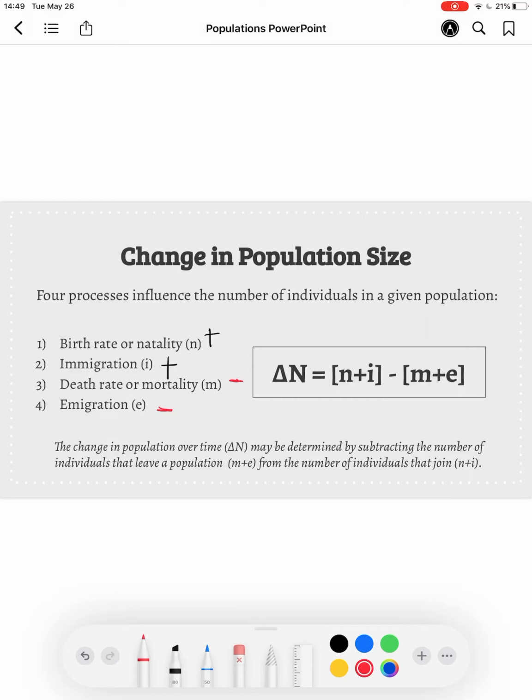So if we add all these things together, then we can find out the change in the population size. What this formula means is N refers to the number of individuals.